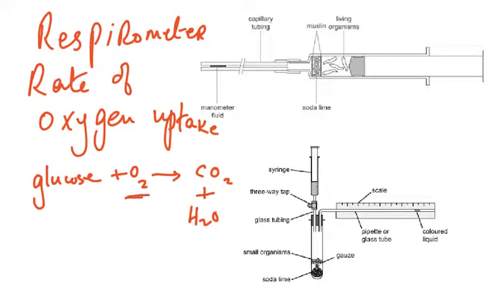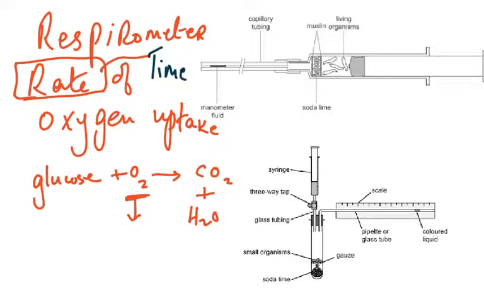So if we know how much oxygen is being taken up per unit time, like when an organism is taking up 100 molecules of oxygen in a minute, or another organism is taking up 200 in a minute, we would know the rate of oxygen uptake. You see, rate is always something to do with time.